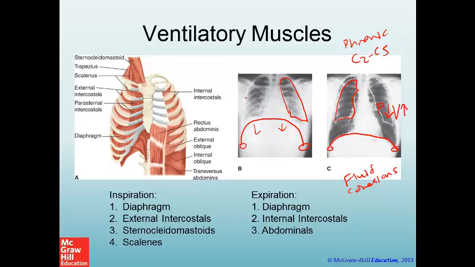So here we had P1, V1, and here we have P2, V2, Boyle's law. So what that's going to mean is, because the pressure on the outside is higher, air is going to be forced into the lungs from high to low, as all things in physiology move.